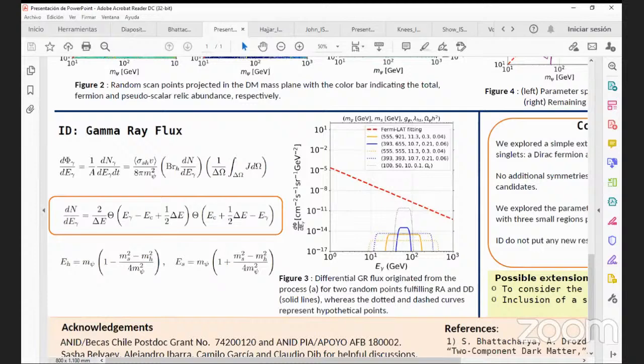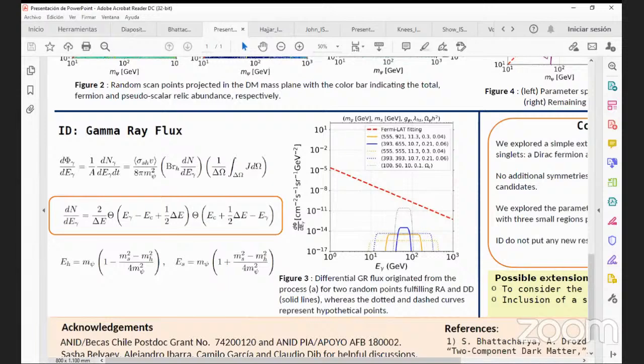You can see that the flux that the model predicts via one channel, that is the semi-annihilation, is some orders of magnitude below the red dashed line, which is what is measured by Fermi-LAT. So basically, that is what we studied.